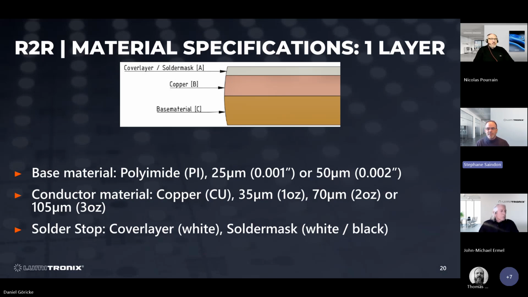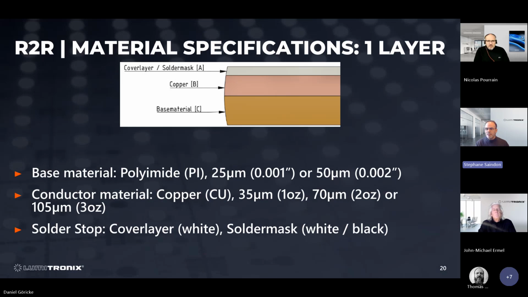So if we start with the flex material itself, you see on this slide the construct. It's basically a fine layer of polyimide base material, typically 25 or 50 micron. Actually, 50 micron is very often used, over which we laminate a copper layer. It could be 1 ounce, 2 ounce, 3 ounce, as per North American standard.